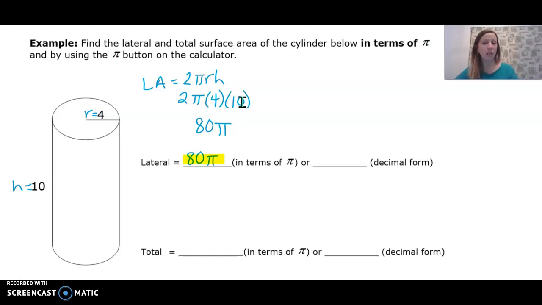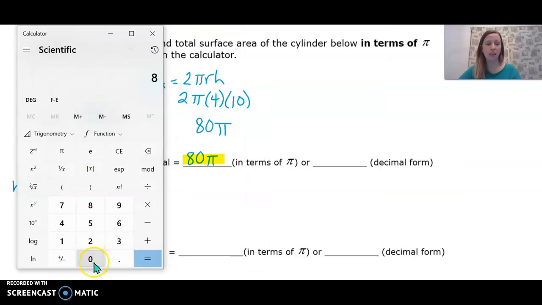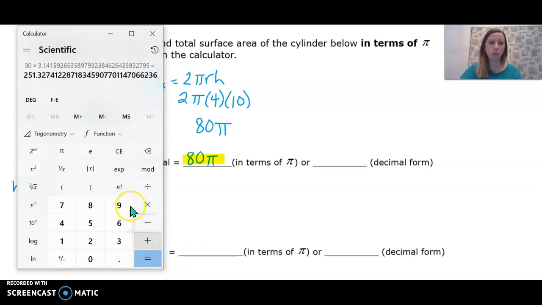Now if I want to find out what that is in decimal form, I'm going to grab my calculator and I'm going to type in 80 times, and then I'm going to use the pi button. Most calculators do have a pi button nowadays. If you're using a cell phone, you just may have to turn it sideways so that you can see some of the scientific functions. So I'm going to multiply it times pi, and now I have to hit enter, or equals.